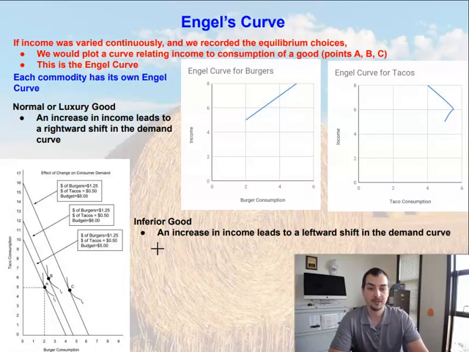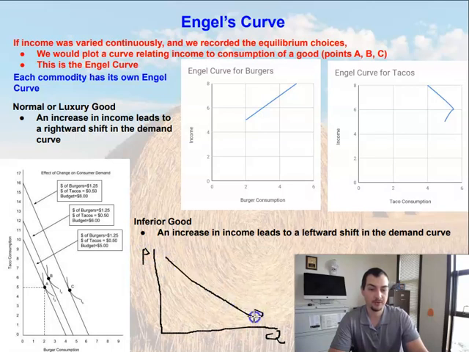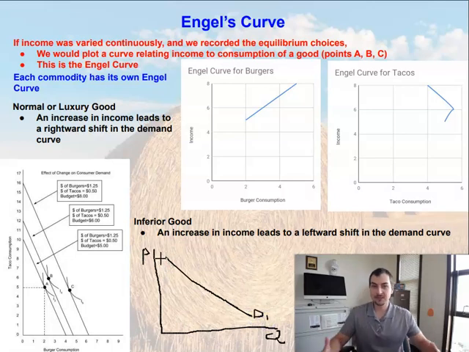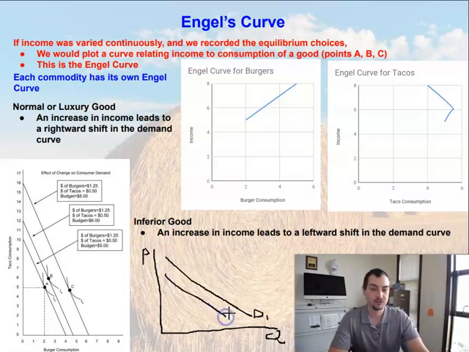But if we have an inferior good, we're going to see a leftward shift in the demand curve. So we have price up here, quantity down here, and our demand curve 1. As income rises, we actually consume less of that good. So as income goes up, we consume less regardless of the price, so it is a leftward shift of the demand curve.